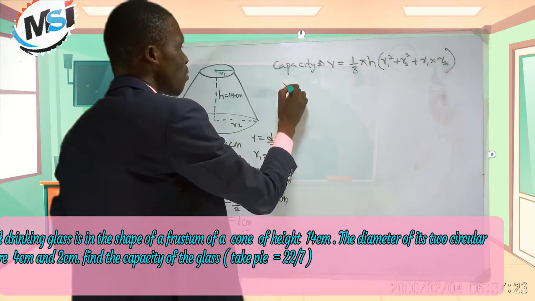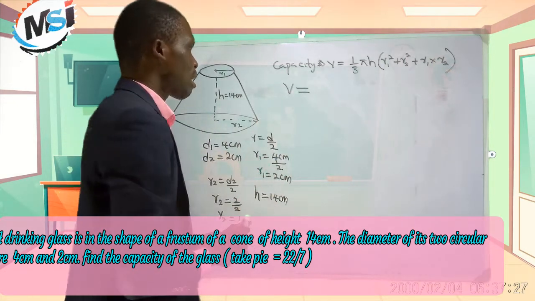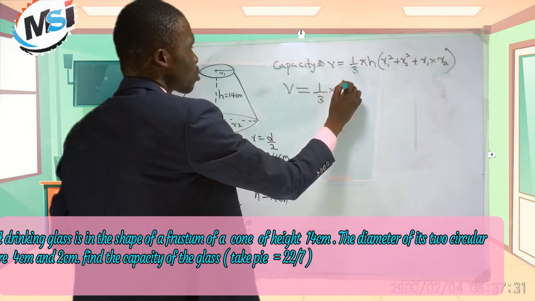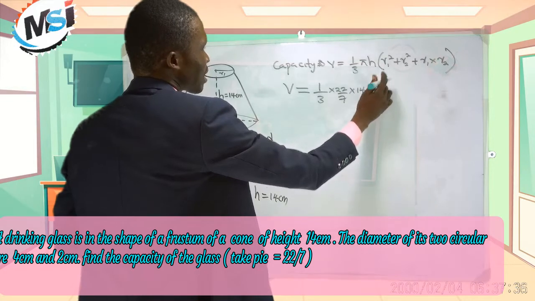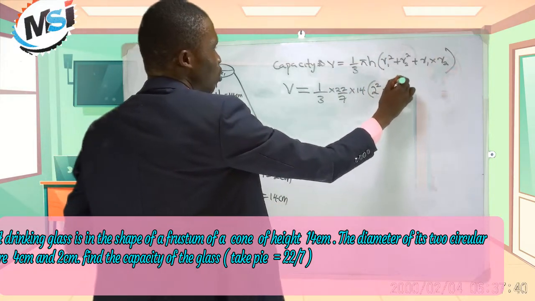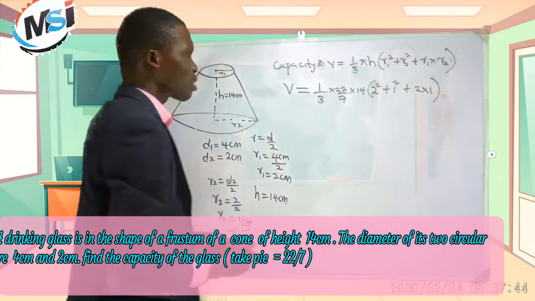I trust you. You don't need to cram, just understand the logic and you will get it. So that means V, which is volume and the same thing as capacity, will give us 1 all over 3 times 22 all over 7 times 14 centimeter bracket R1 is 2 square plus 1 square plus 2 times 1. You close the bracket.